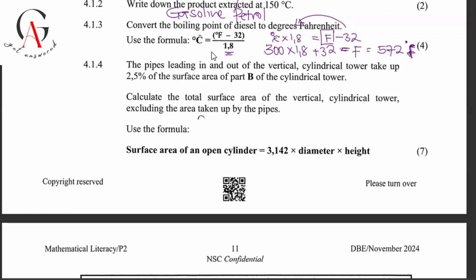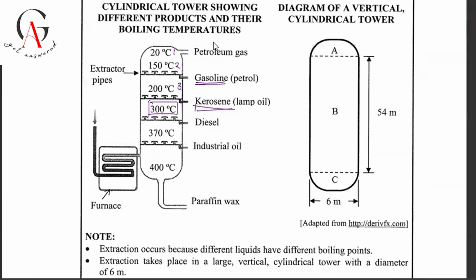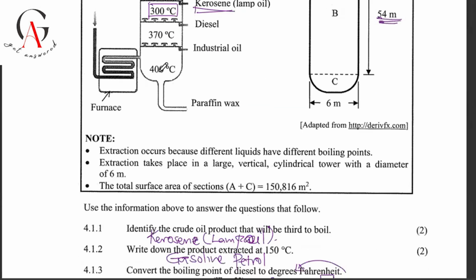So we shall say 3.142 times what's our diameter? The diameter they told us was 6 meters, times the height, which is 54.